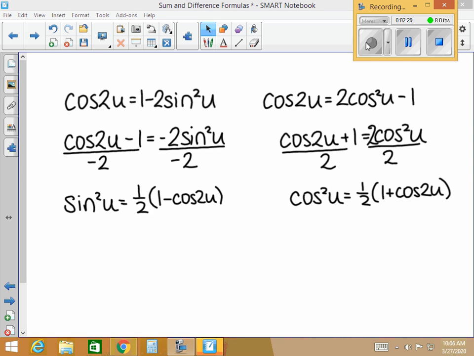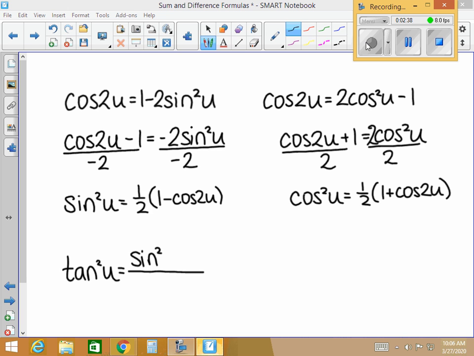If I want to find the tangent squared of u, I want to power reduce that. We know that tangent of an angle is sine of that angle over cosine of that angle. So tangent squared would be sine squared u over cosine squared u.